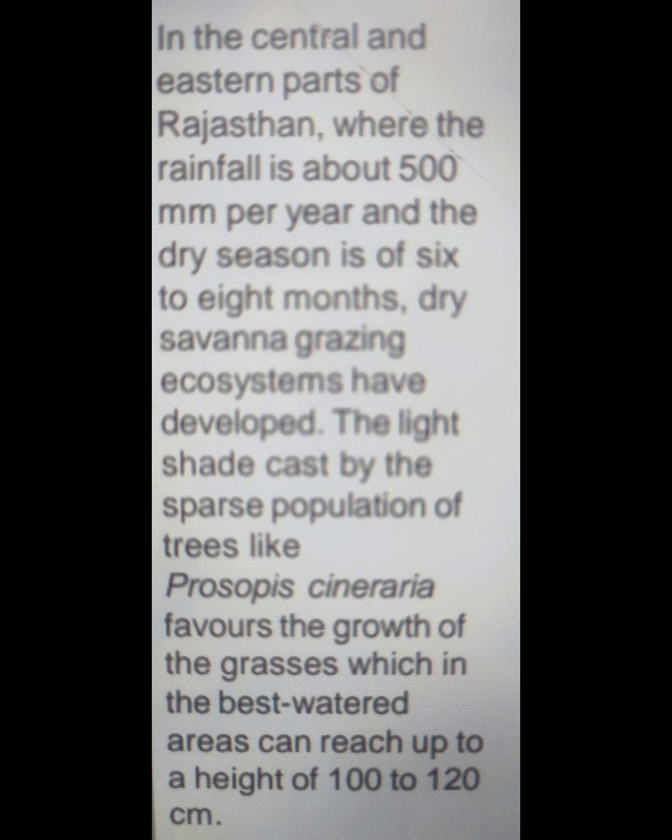In the central and eastern parts of Rajasthan, where the rainfall is about 500 mm per year and the dry season is of 6 to 8 months, dry savanna grazing ecosystems have developed. The light shade cast by the sparse population of trees like Prosopis cineraria favors the growth of the grasses, which in the best watered areas can reach up to a height of 100 to 120 centimeters.